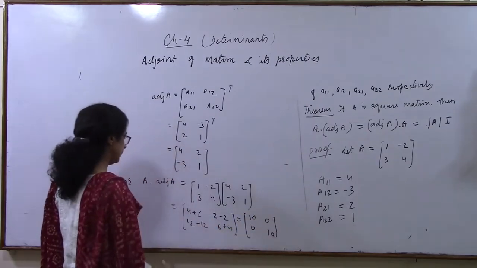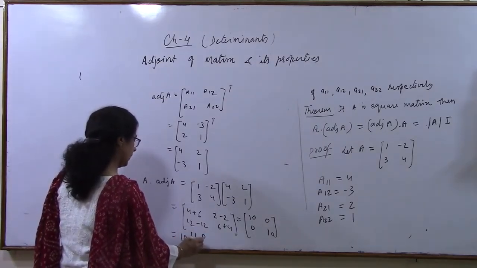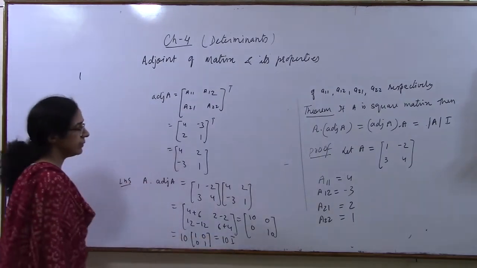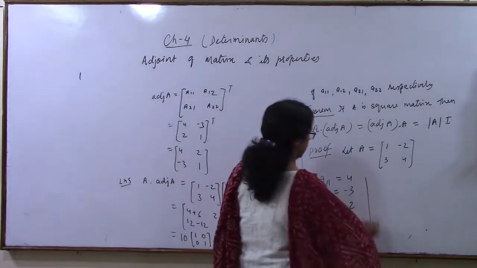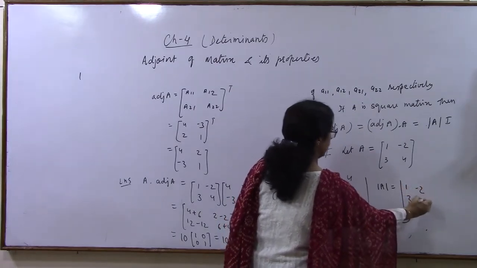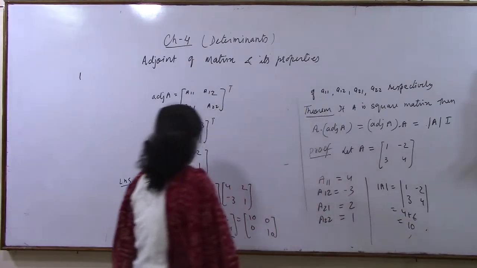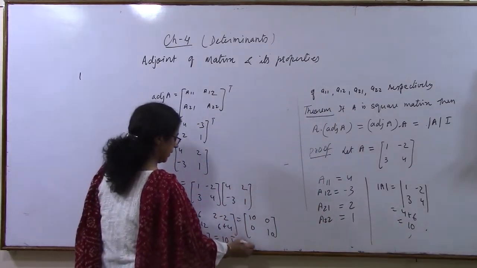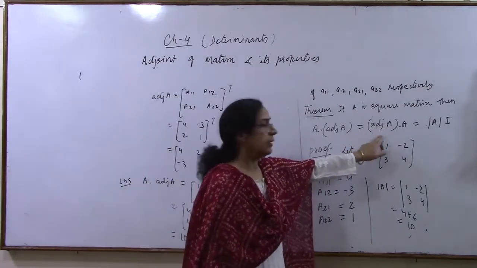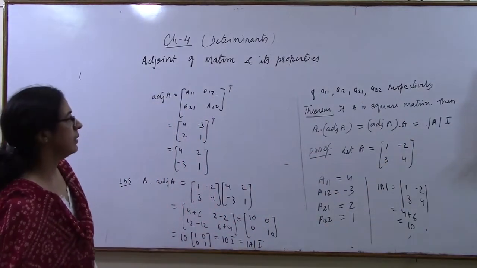Taking 10 common, we have 10 times [1 0; 0 1], that is 10I. What is the value of determinant A? It is |1 -2; 3 4|, that is 4 plus 6 equals 10. So we can write it as determinant A times I. Similarly, we can prove that adj A times A equals determinant A times I. This is theorem 1.